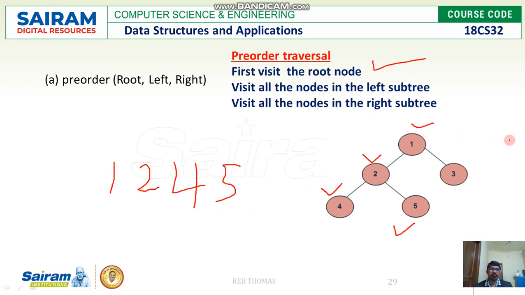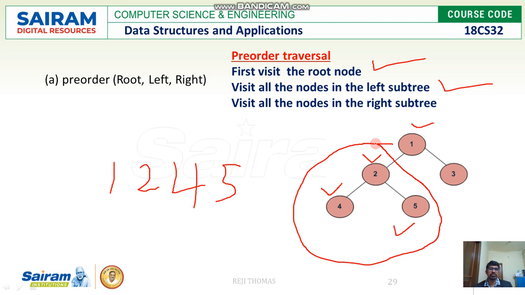That means you have visited successfully 1, which is the root. Then you visit the nodes in the left subtree, which is 2, 4 and 5. So we are done with the first two statements. Once it is done, visit all the nodes in the right subtree. When I say all the nodes in the right subtree, I'm talking about the root node, and for the root node, you have to visit the right subtree.